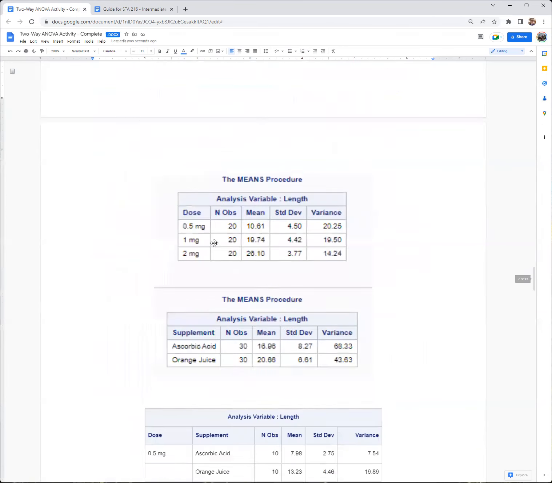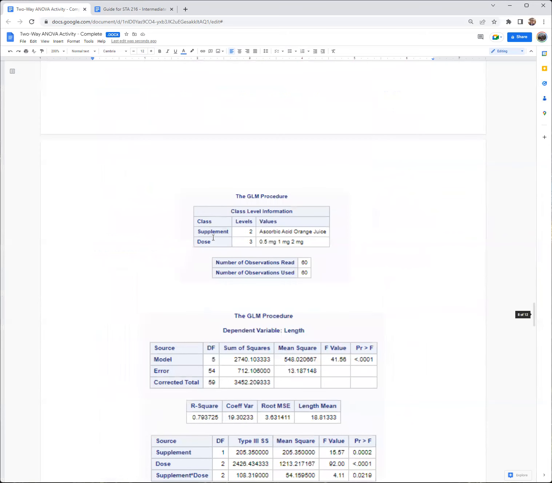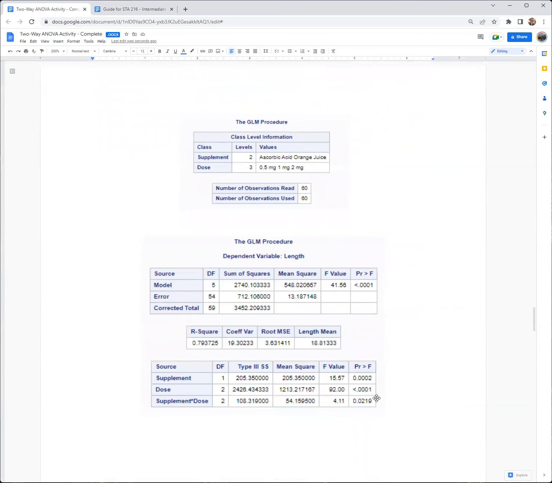So with a two-way ANOVA model, you'll notice you also get these F test statistics for the main effects of factor A, supplement, and factor B, dosage. Anytime you have an interaction term in a model, you must keep the components of that interaction in the model as well, for sensibility reasons and also accuracy of the model.